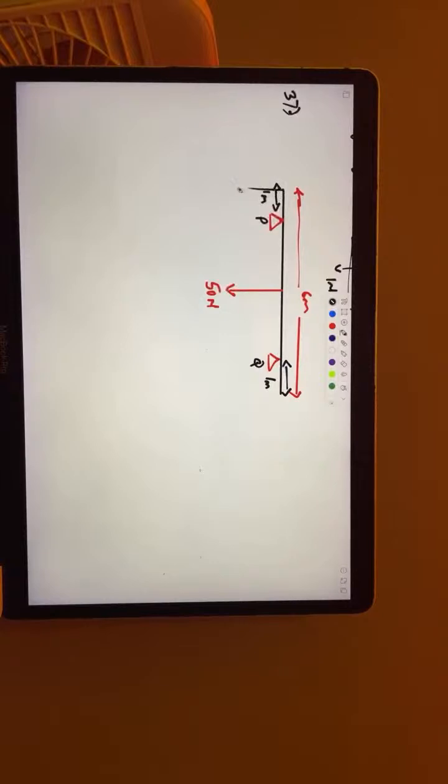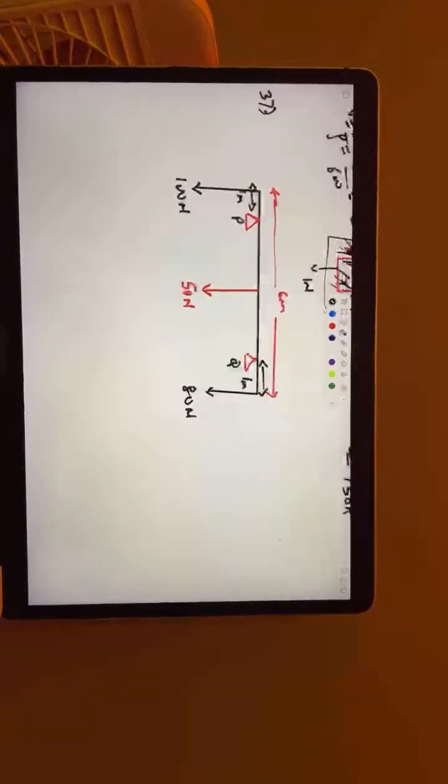Near P they place a weight, so the weight is 10 kg, which will be 100 newtons. Near Q they place another weight, the weight is 8 kg, which will be 80 newtons. That's what they have placed there. So I think we are done with the whole structuring. The question has said to calculate the reactions at P and Q.